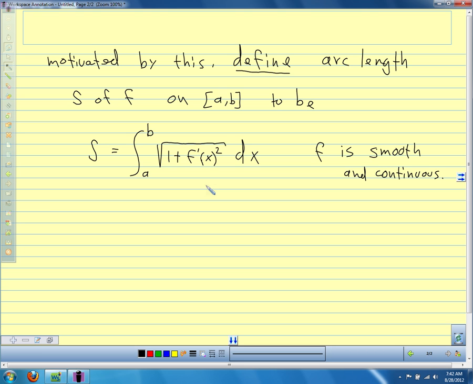Now, if you remember calculating arc lengths, often the integration can be difficult because we have this radical, a 1 plus f prime squared. We're taking the derivative of our function, squaring it, adding 1 and taking the square root. Our integrals can often be very, very difficult.